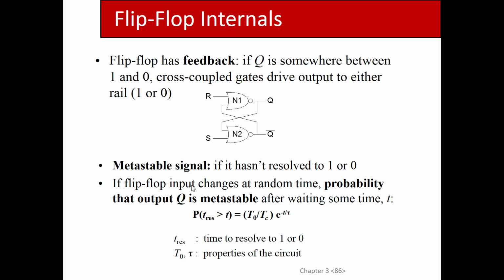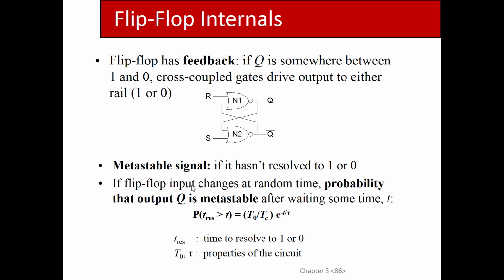Here's the cross-coupled RS latch that we looked at at the beginning of the semester. Here's your cross coupling. And the problem is, if you go into a metastable state, you end up with a Q in here that's between 0 and 1. It'll stay that way for some amount of time before it eventually goes to either 0 or 1.